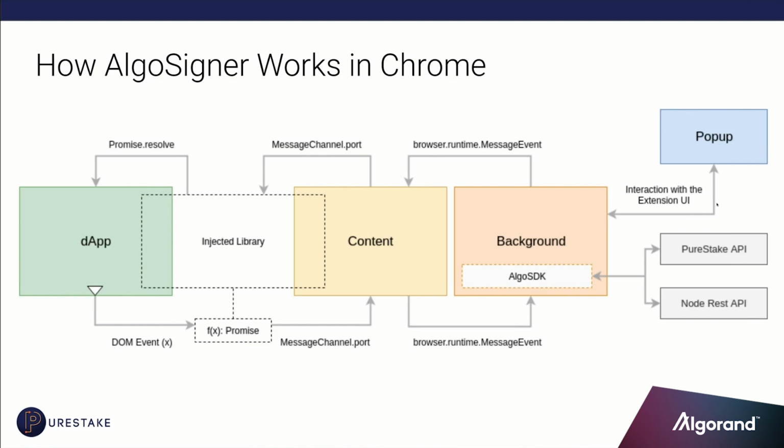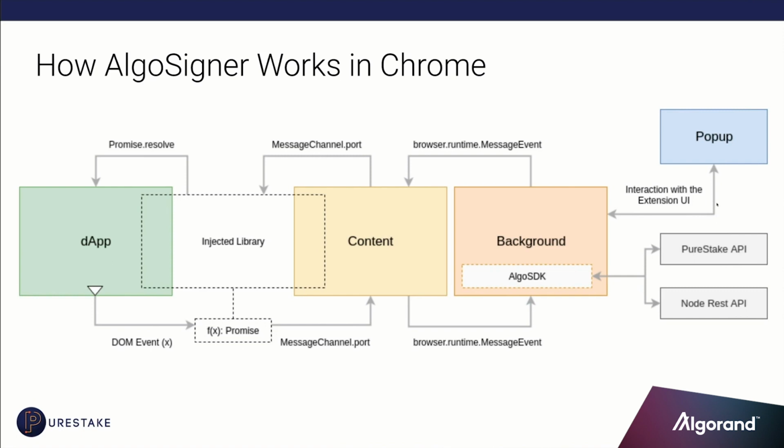In AlgoSigner, that works kind of like a backend for all the things that AlgoSigner does. You have one background running for all the tabs and windows that you have open in Chrome. There are no multiple backgrounds, only one, and it's there as long as Chrome is open. When you close Chrome and all these tabs and windows, that's when the background script gets closed.